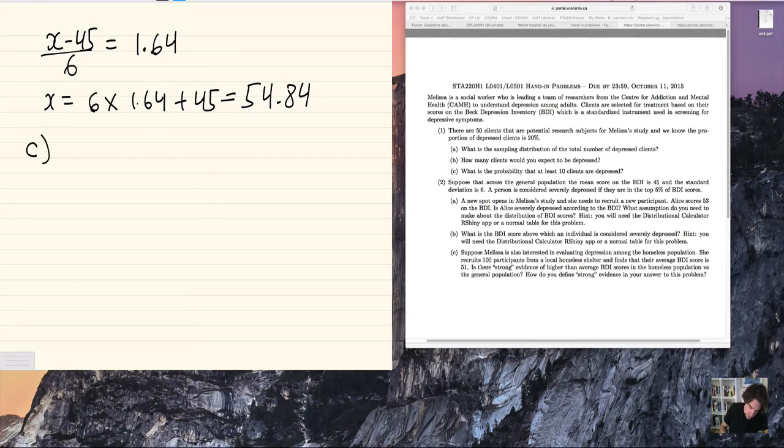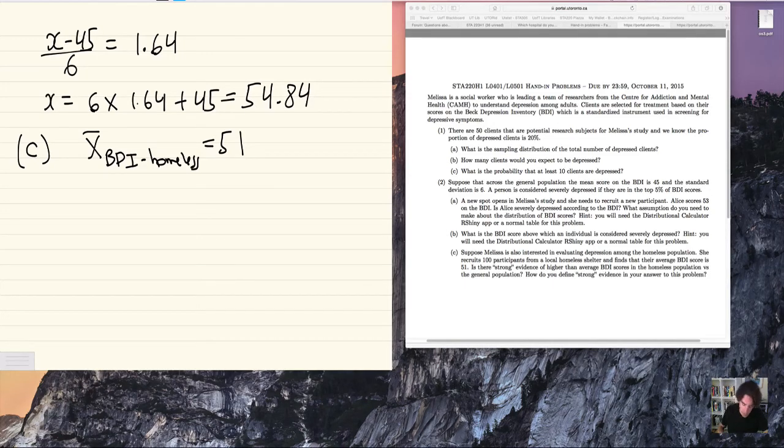So here for part C, the mean BDI score for homeless is 51. And then the question is, is there strong evidence that this is different than in the general population?